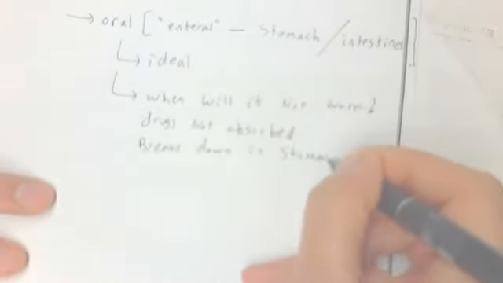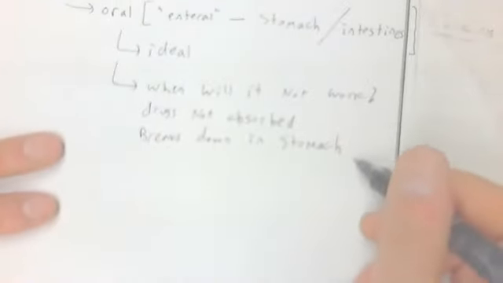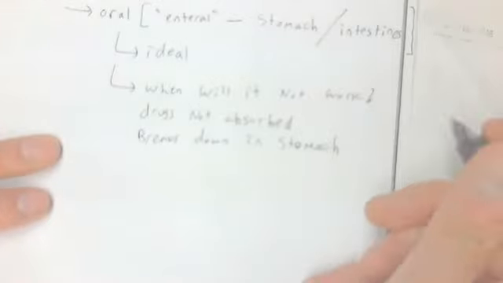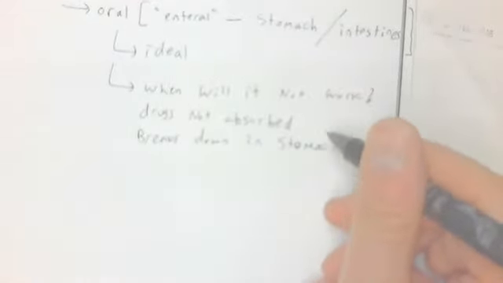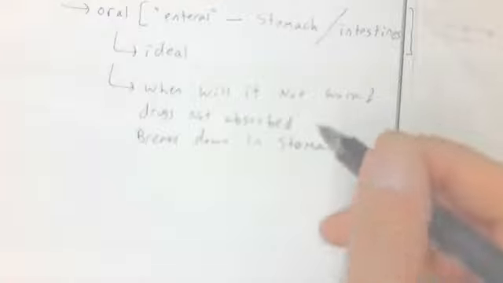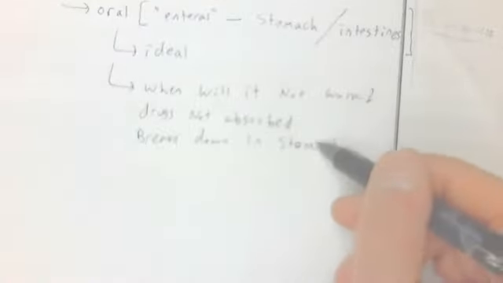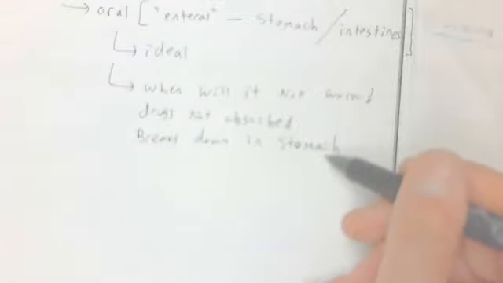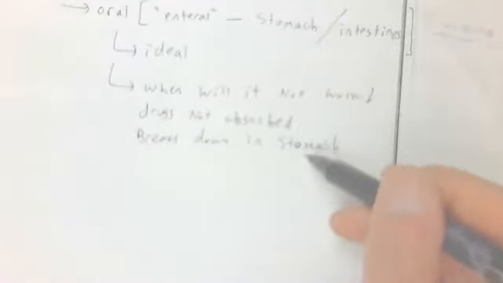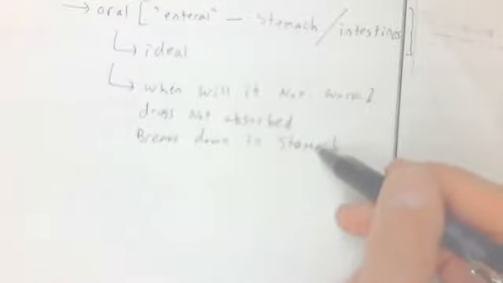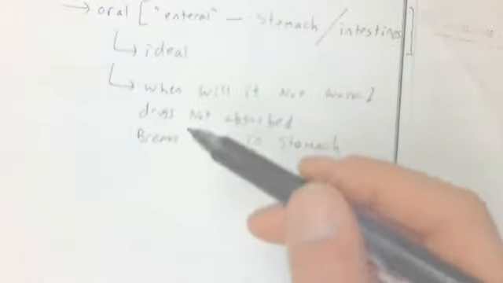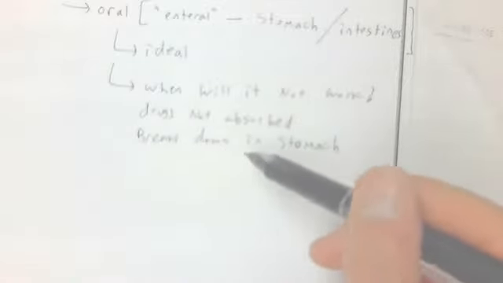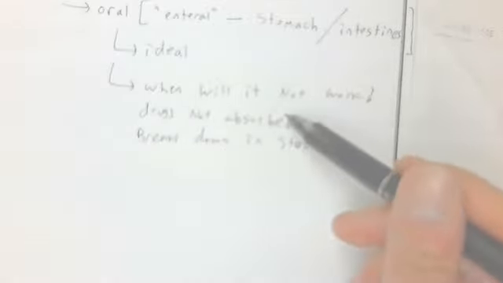The stomach is not a very friendly environment for a lot of substances due to the high acidity. So a lot of functional groups can get degraded, like amides. Amides can be degraded. There's also a lot of enzymes in the stomach, digestive enzymes and things like that. So while oral is the most ideal route of administration, it doesn't always work for everything.